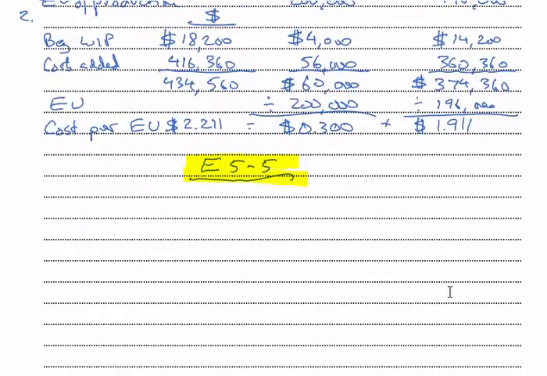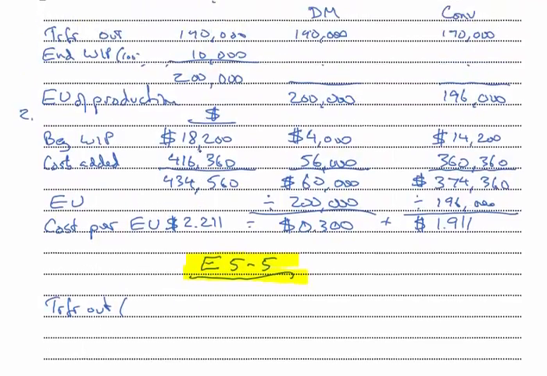Okay, so 5-5 asks us to come up with the cost reconciliation associated with the problem that we did in 5-4. So let's do that now. So we're looking at the costs now transferred out, right? And so that is essentially our production.